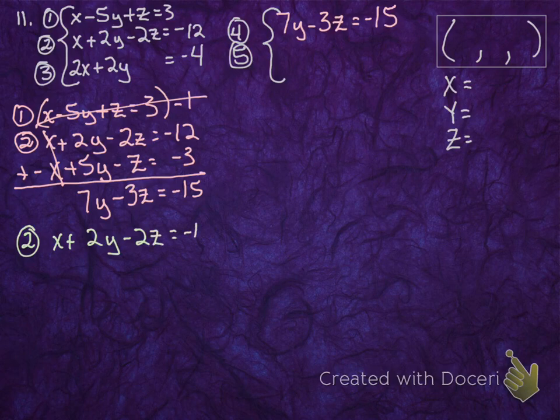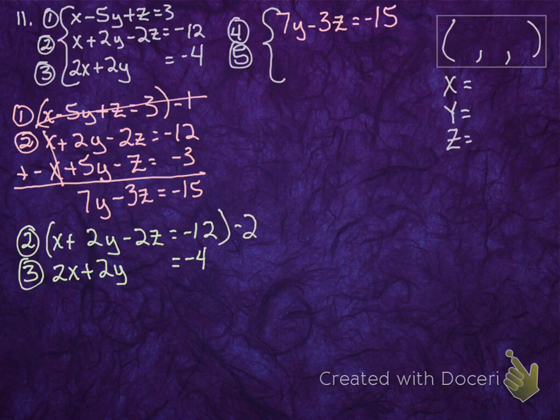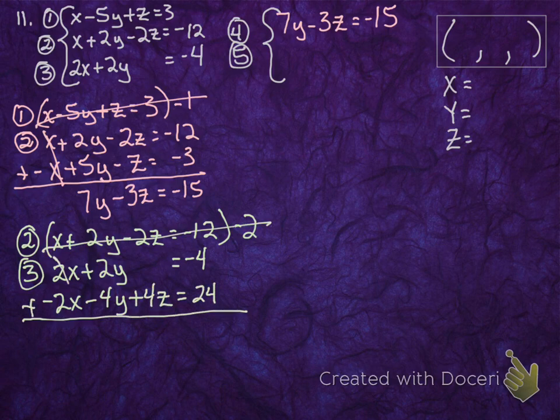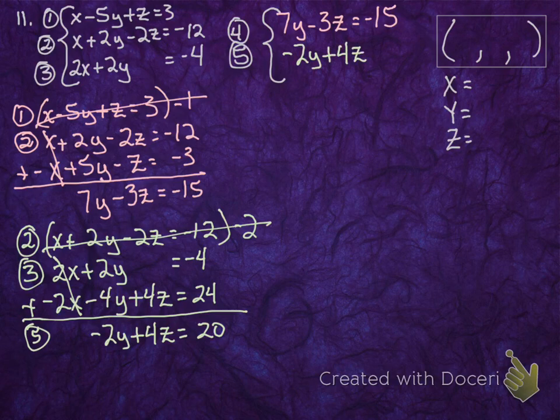Then I work with 2 and 3, also eliminating my x's. So I'm going to multiply my first equation by -2. Add those together. My fifth equation is -2y plus 4z is equal to 20.